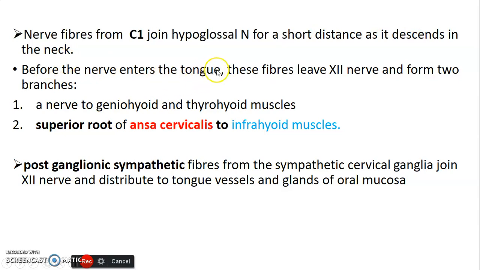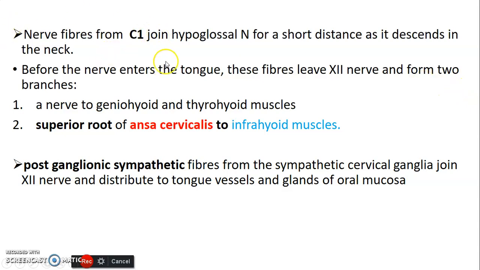Before the nerve enters the tongue, these fibers leave the hypoglossal nerve and form two branches. So there will be a nerve to geniohyoid and thyrohyoid muscle and the superior root of ansa cervicalis to infrahyoid muscles.